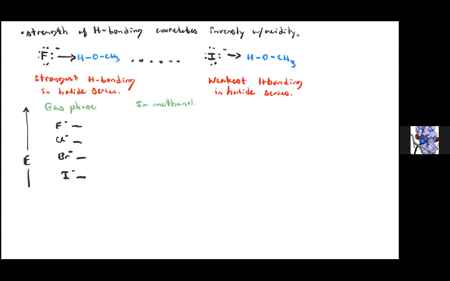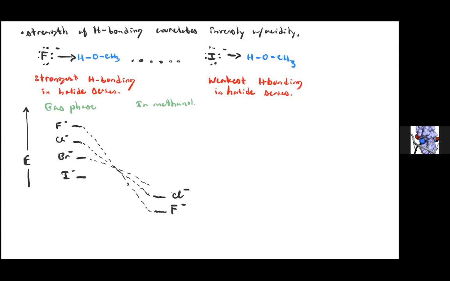But if we put these things into methanol, because the hydrogen bonding interaction of fluoride with the methanol is strongest, the energy of the fluoride drops by the largest amount. In a similar manner, the energy of Cl minus drops by a large amount, and you may be able to see where this is going.